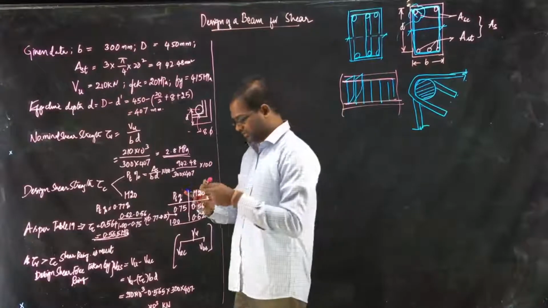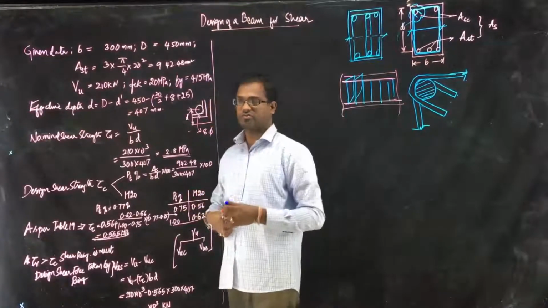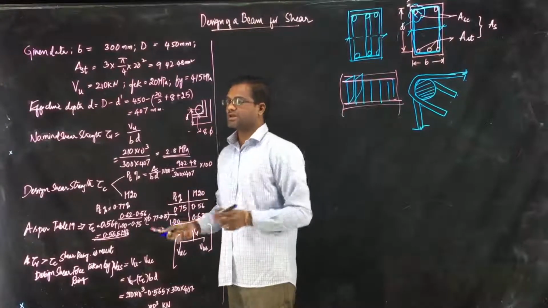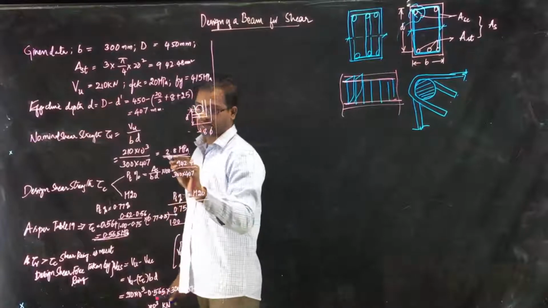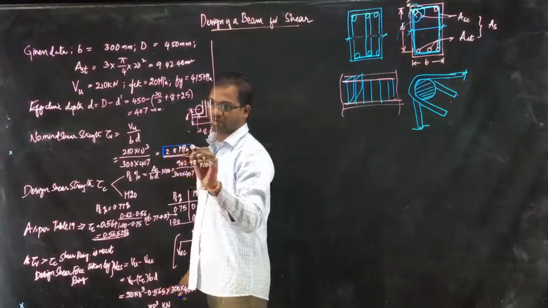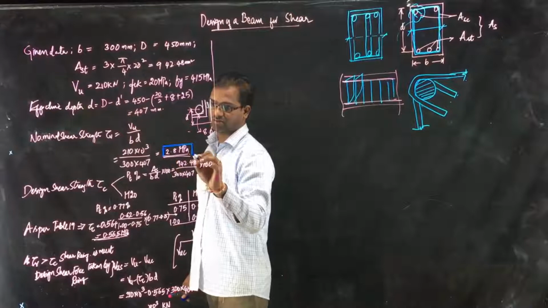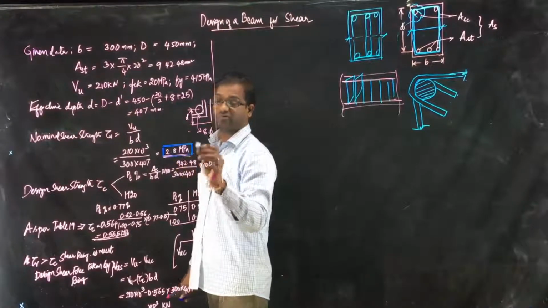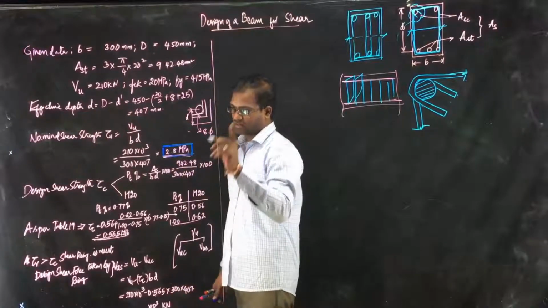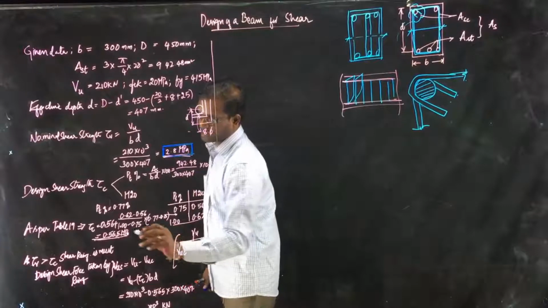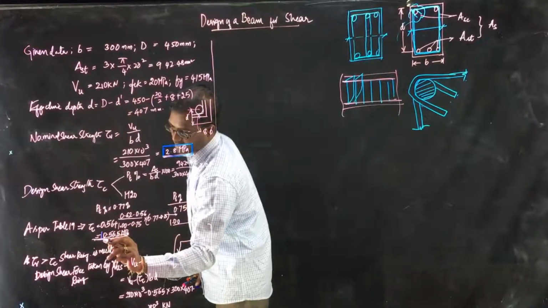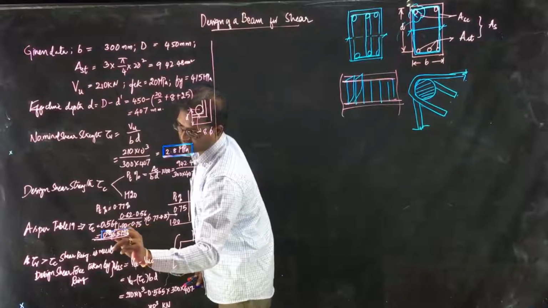Now these are the few steps, and you must remember these steps. First you need to calculate this nominal shear strength which is coming due to load. Then you should be able to calculate the design shear strength of concrete.